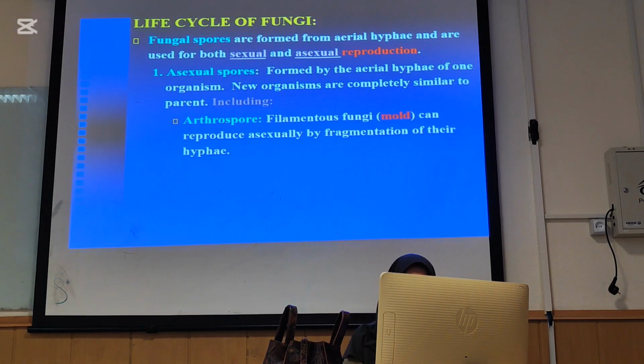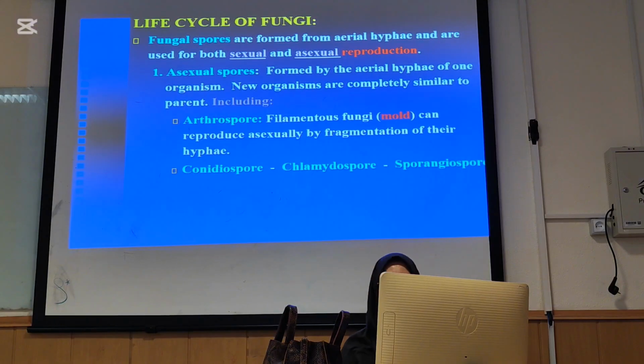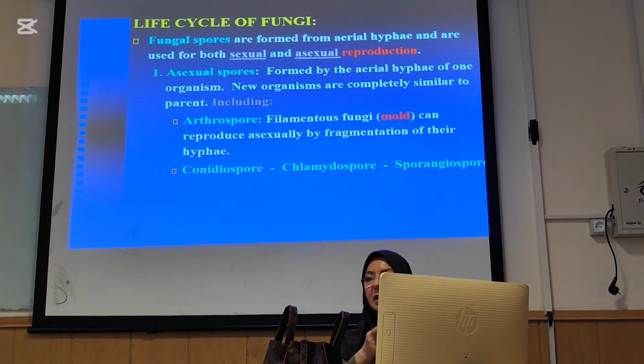The first is arthrospore, and after that conidiospore, chlamydospore, and sporangiospore. These are the kinds of asexual spores.